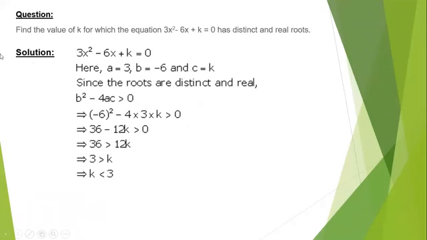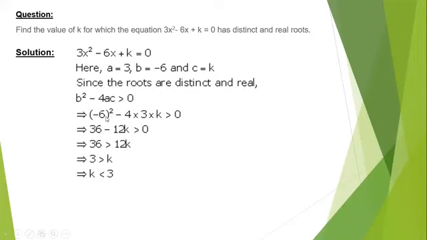Roots are different when b square minus 4ac is greater than 0. This is the point you have to remember. On this step you will get 1 mark in the exam. You know that for distinct and real roots, b square minus 4ac should be greater than 0.